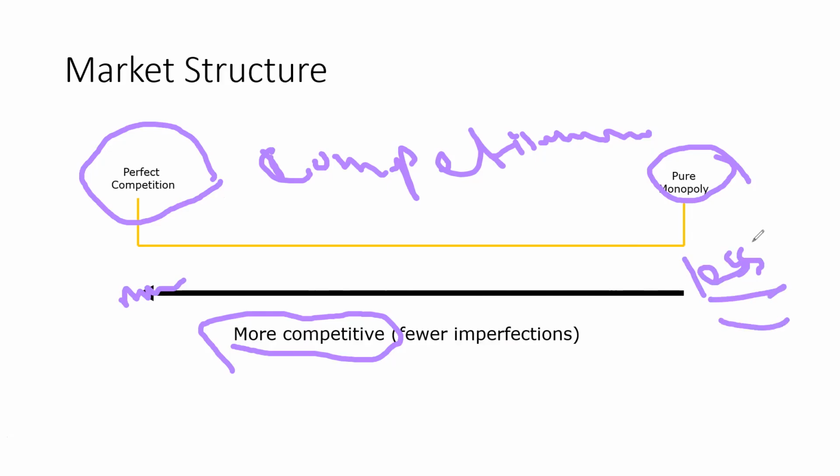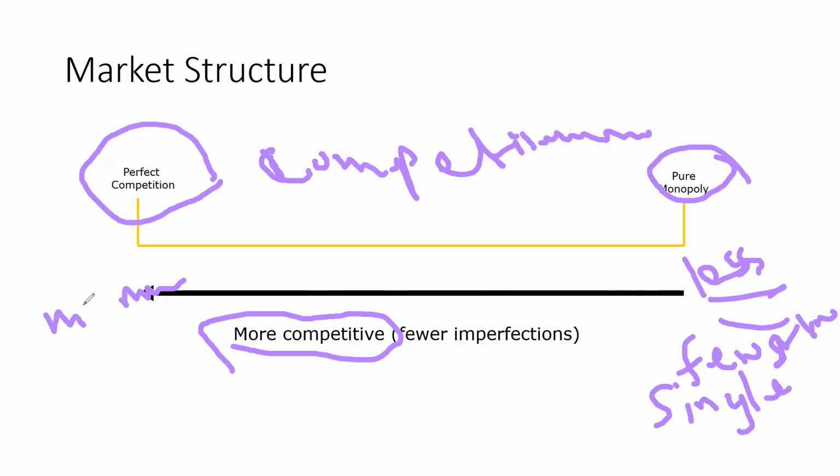If we consider this extreme, there are very few sellers, maybe only a single seller or a few sellers in the market. Here there are more sellers, so the huge competition is there.